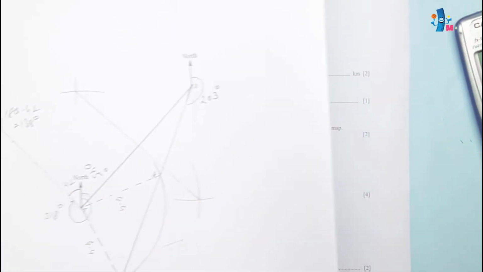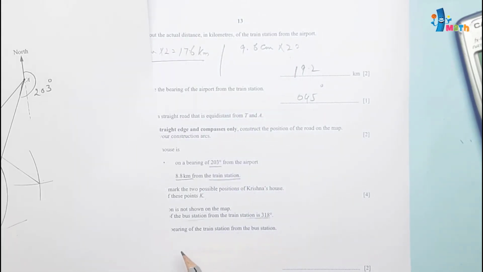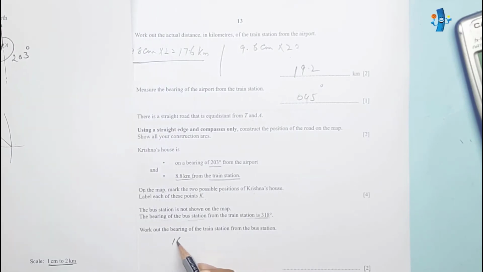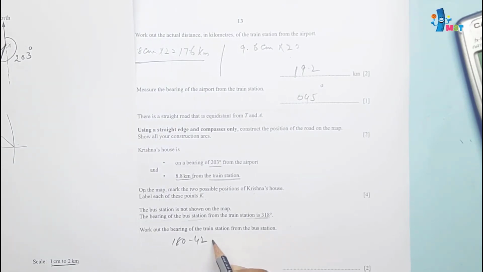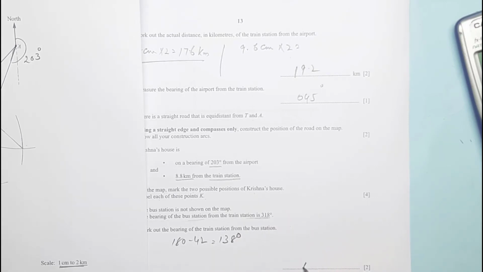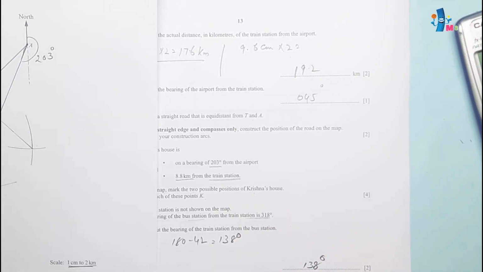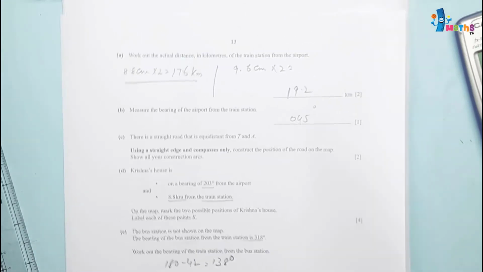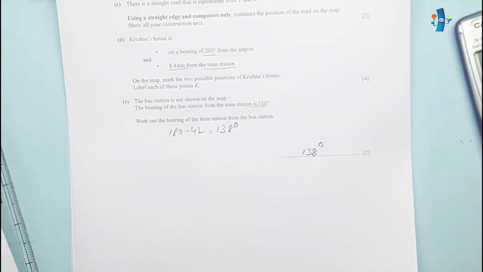So our answer over here will be the same. This working I'm copying over here. This will be 180 minus 42, which is equal to 138 degrees. And here also 138 degrees I've shown. I'll move the page a little if you are unable to see now, if it is clear.